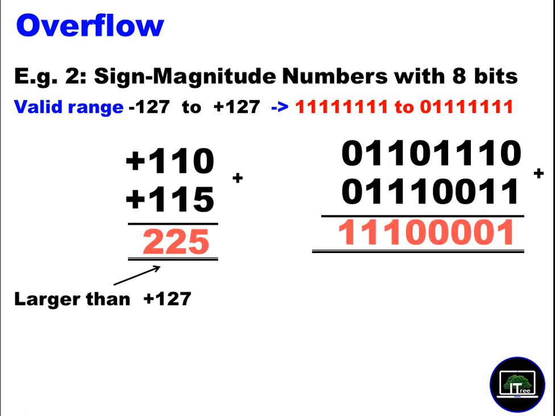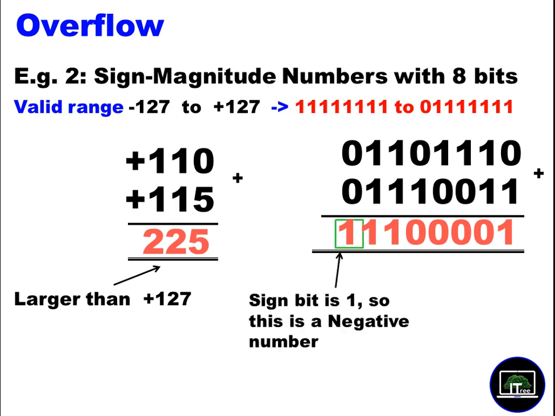Now sign magnitude: the first bit is reserved for the sign. It's a 1. So what does it mean? It's a negative number. Since the sign is 1, this is a negative number, your answer is wrong. You can see now the overflow has occurred. We have a problem.